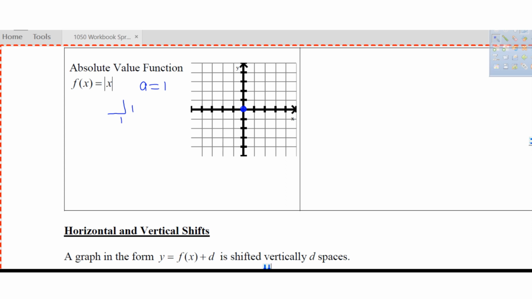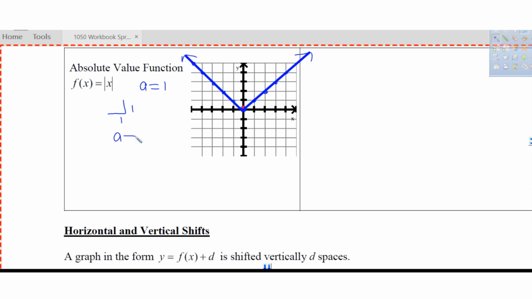Absolute value of 2 is a 2, etc. So from the origin, right 1 up 1, right 1 up 1, right 1 up 1, right 1 up 1, then left 1 up 1, left 1 up 1, left 1 up 1, left 1 up 1 to balance that out. And then you just draw it in. And that's it. Arrows at both ends.